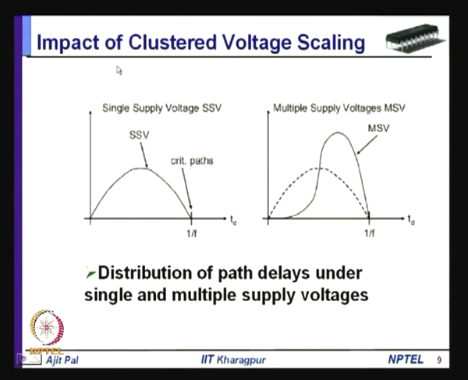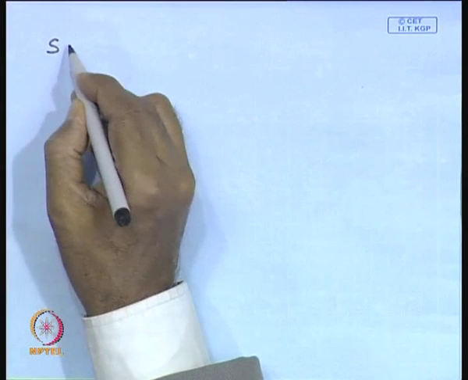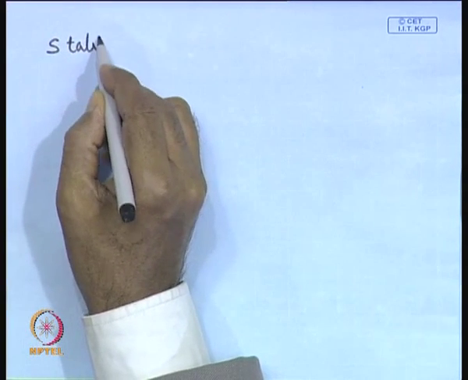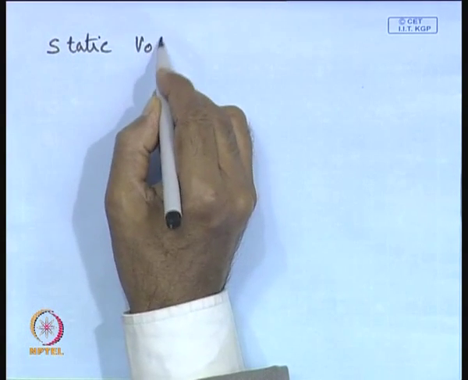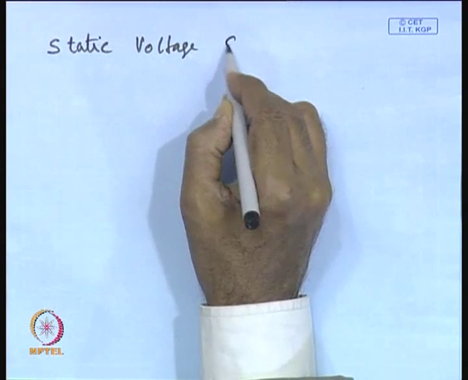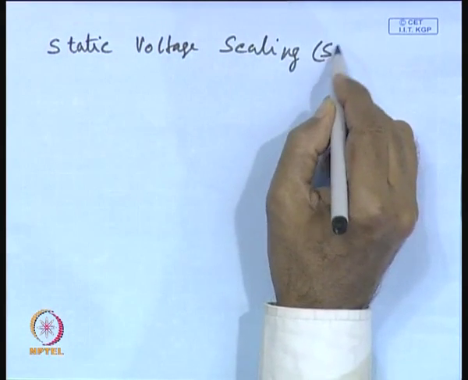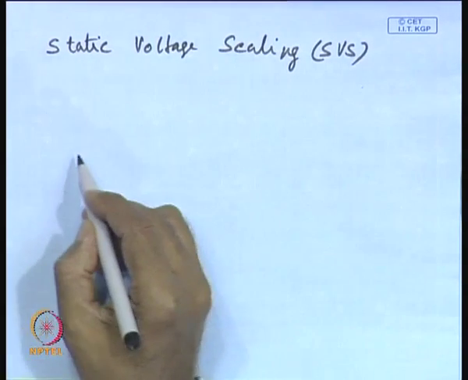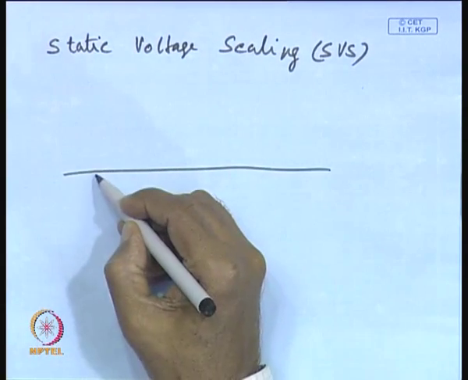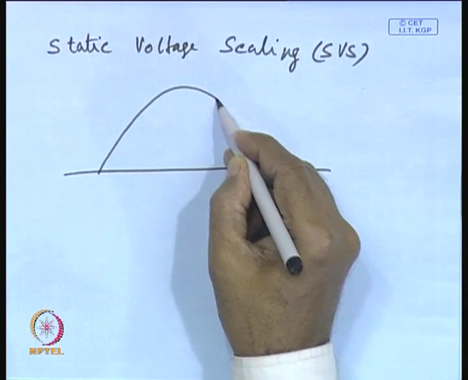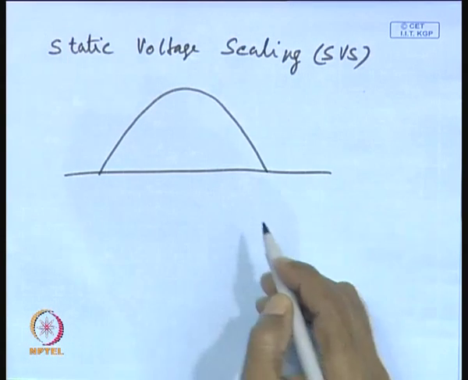Now, what is the impact of this clustered voltage scaling? Normally, whenever you do static voltage scaling, SVS, which we have already discussed, if you consider different paths, a circuit may have a large number of paths.